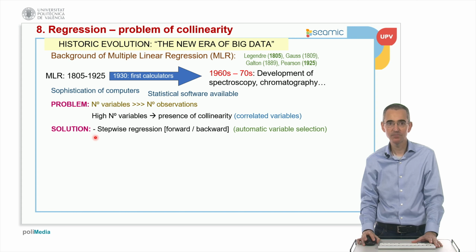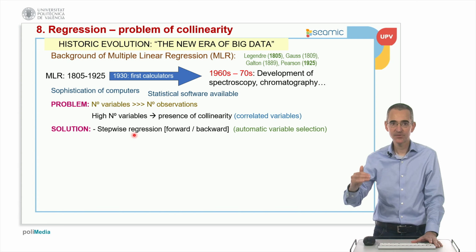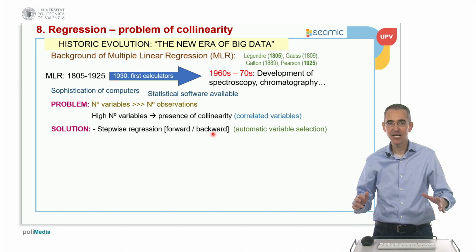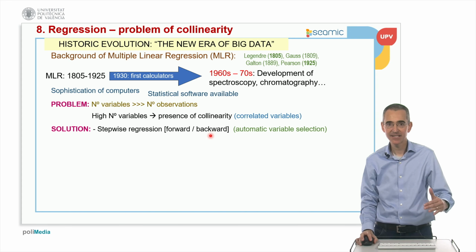Well, one solution is to apply what is called stepwise regression. Stepwise means multiple regression step by step. Forward means that the variables are introduced in the model one after the other, and backward is the opposite: all variables are included in the model, and then each one is taken out one after the other.